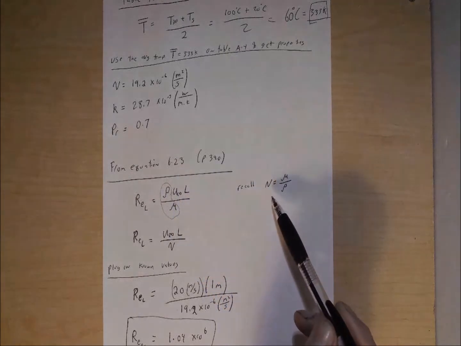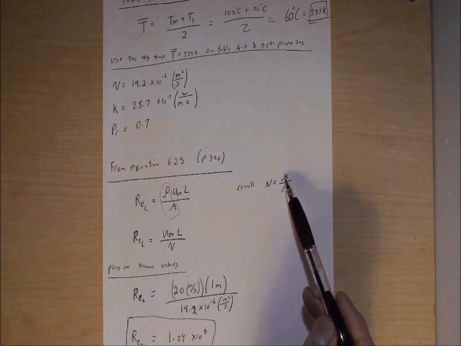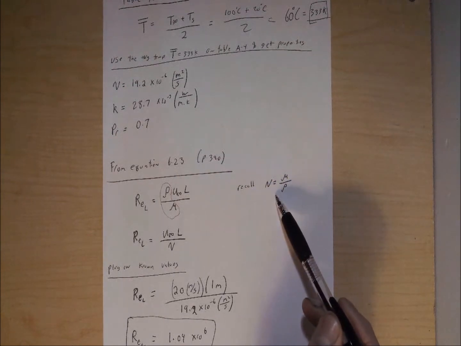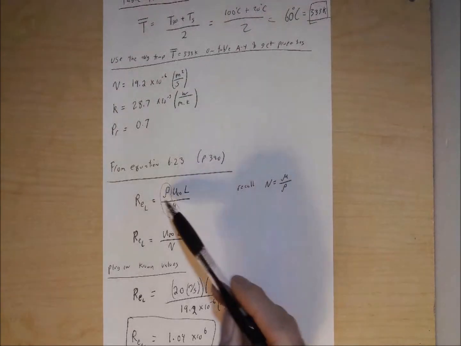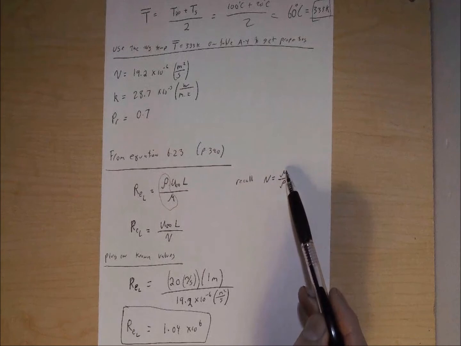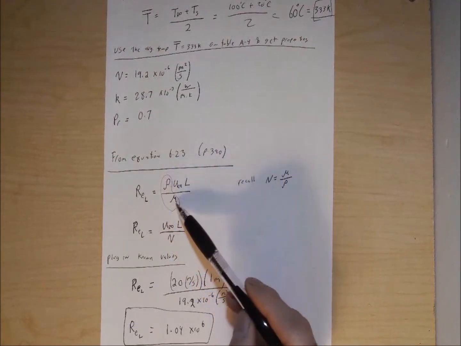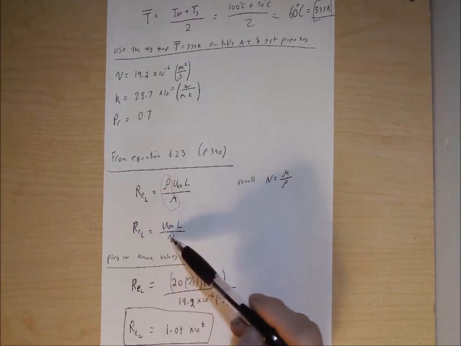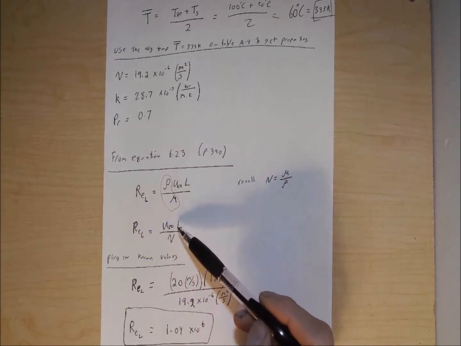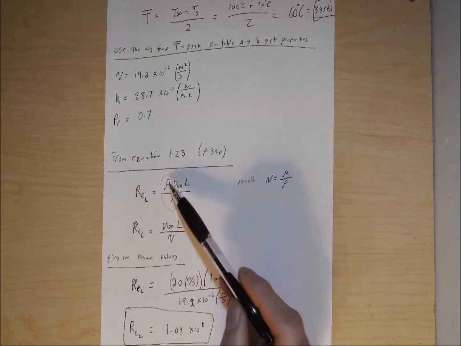We recall that our v is equal to mu over rho, so rho over mu is equal to 1 over v. If we replace this with v, we have Re sub L is equal to U sub infinity times L over v. This eliminates a couple of those other variables that we may or may not have.